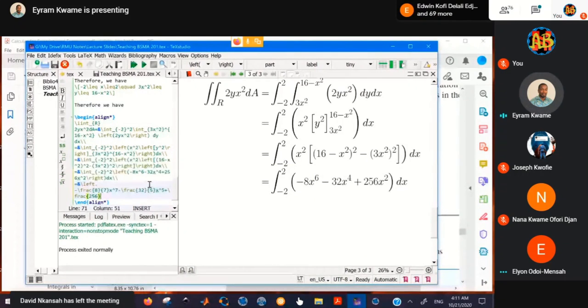I like the number 256 because it's useful in computer science. Over 3, because when you integrate x squared, you get x cubed.